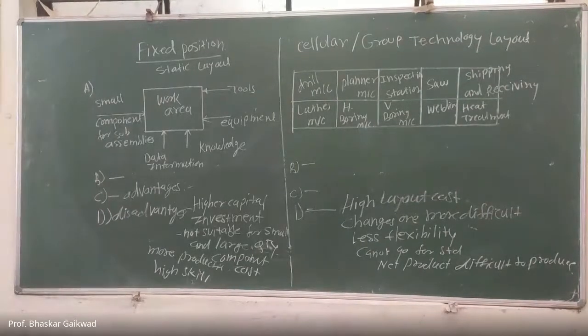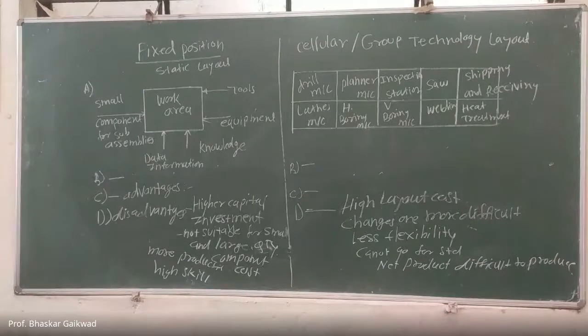And they have certain examples, advantages and disadvantages. This many points you have to remember related to this. Anybody having any doubt, you can ask. Then we'll go to the last part of this chapter, that is the selection of material handling equipment. But before that, anybody having any questions, you can ask.